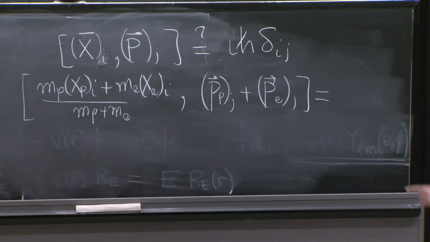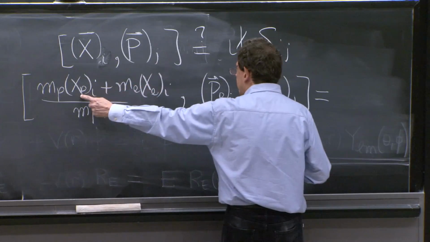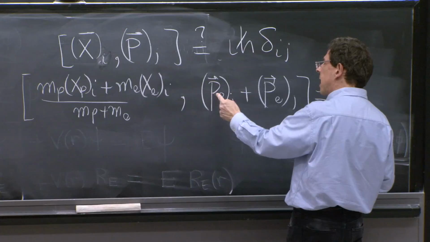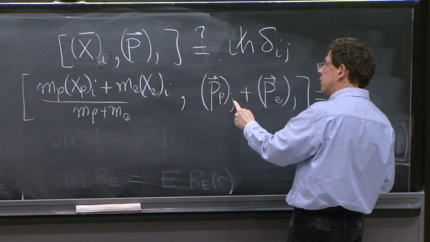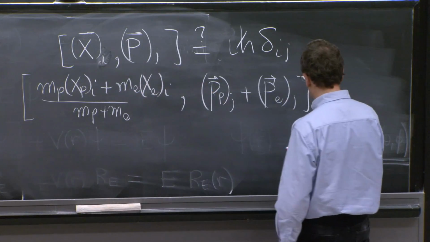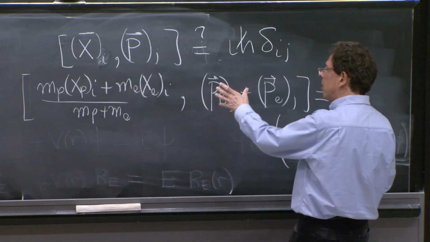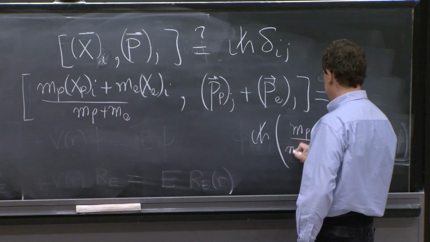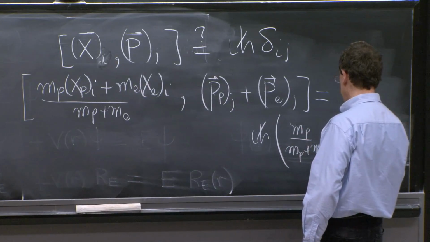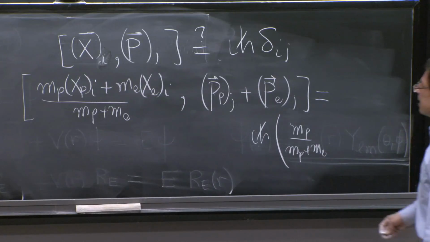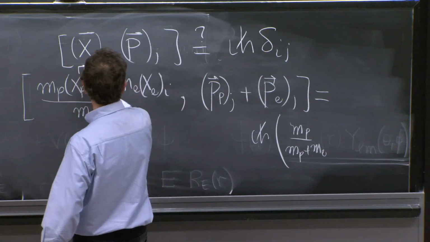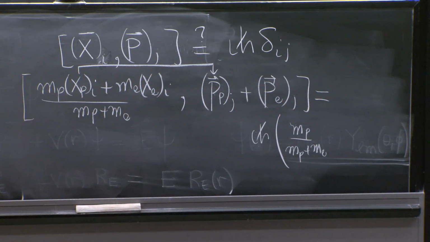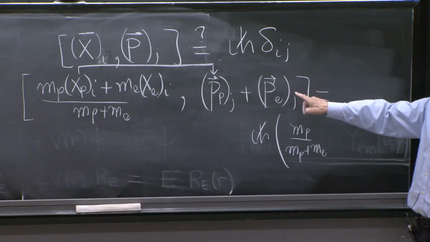And then you say, look, from x_P with momentum of the proton, yes, they give me i h bar delta ij, but there will be, in the first factor, an extra m_P over m_P plus m_E. So this contribution comes from the first term that only talks to the momentum of the proton, doesn't talk to the momentum of the electron.